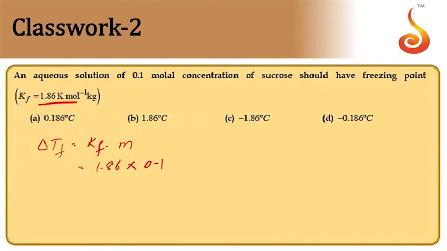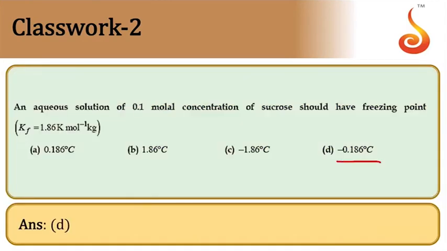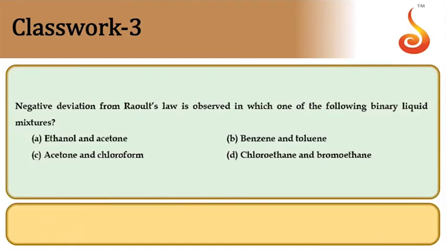That implies delta TF is equal to 0.186. Now the freezing point of solution will be 0.186 less than 0, means minus 0.186. So D is the answer, minus 0.186.